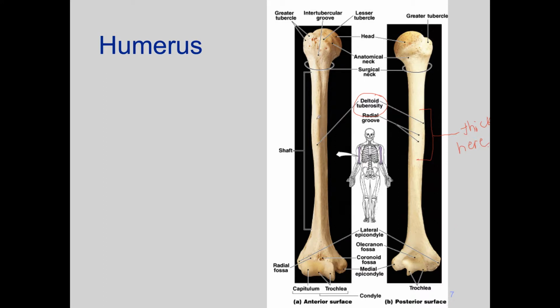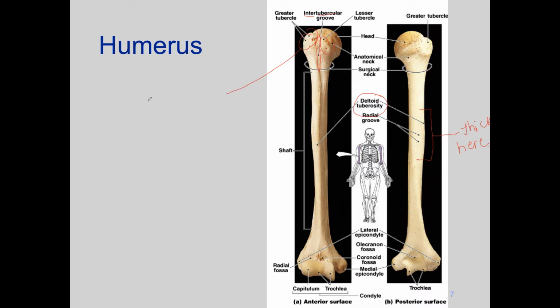If you follow the deltoid tuberosity up, you're going to land in a dent right here, and that's called the intertubercular groove or sulcus. And intertubercular means between two tubercles, and indeed it is. So here we have the greater tubercle and the lesser tubercle. So you might be wondering, how can I tell these apart?